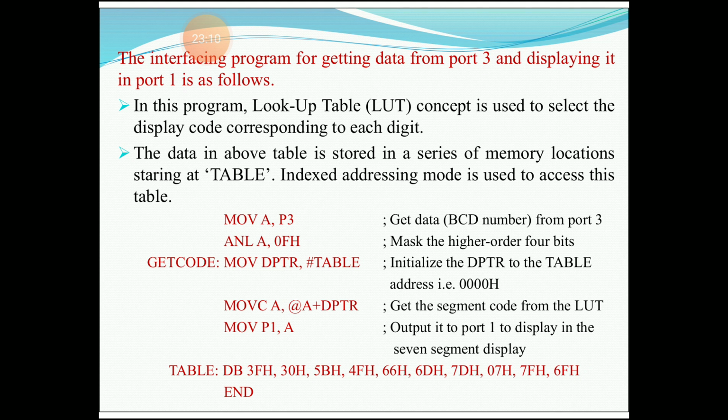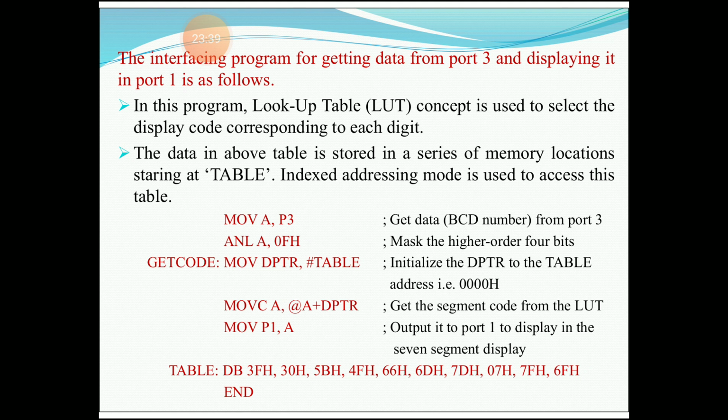If we want to display the BCD number 9, it is represented in binary as 1001. To get this pattern, the switches will be on, off, off, on. So these switch conditions can be transferred to port 3 as the BCD number and given to the accumulator by using MOV A, P3.